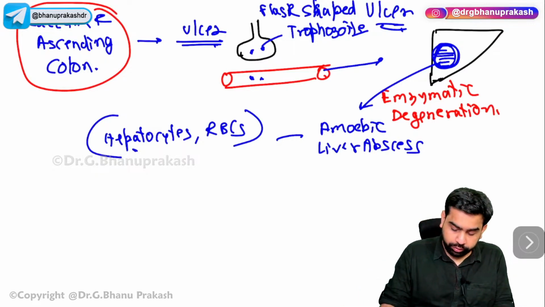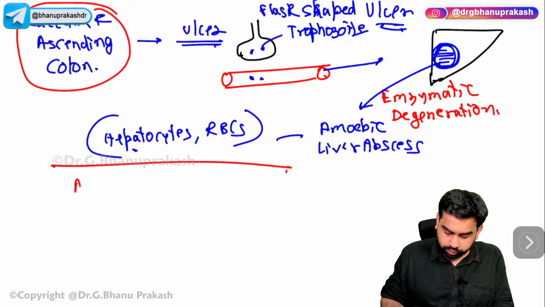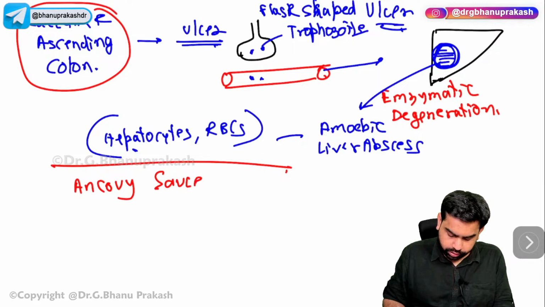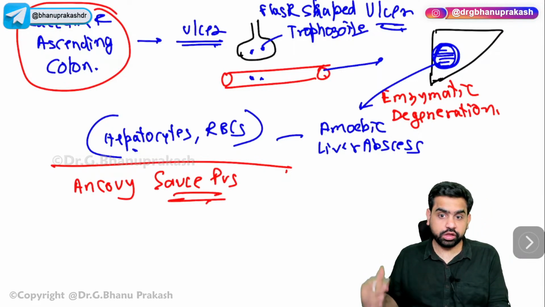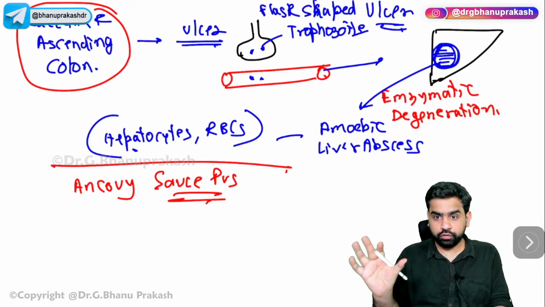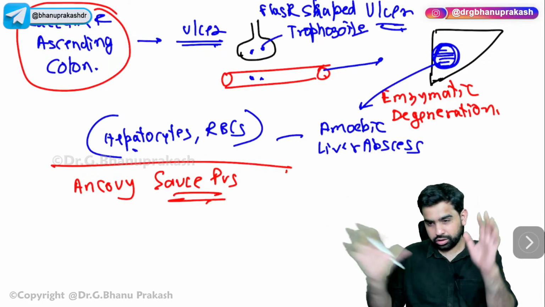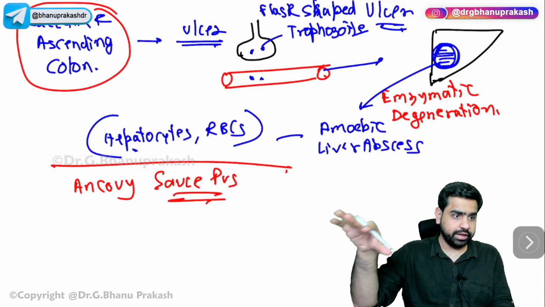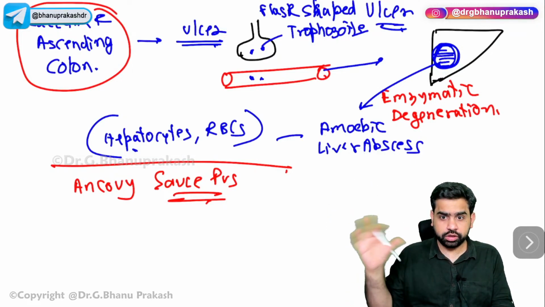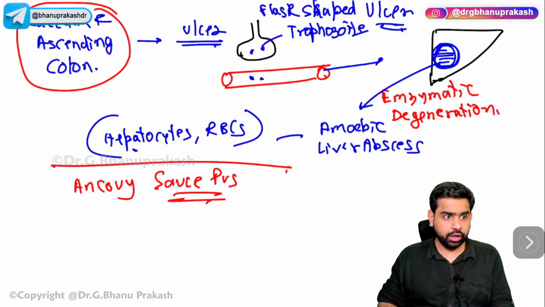And what is this referred to as? I hope you're able to understand that this is called anchovy sauce pus. What is this anchovy sauce pus? This is an accumulation of reddish brownish colored abscess material in the liver. Okay, so this is what you need to understand over here.